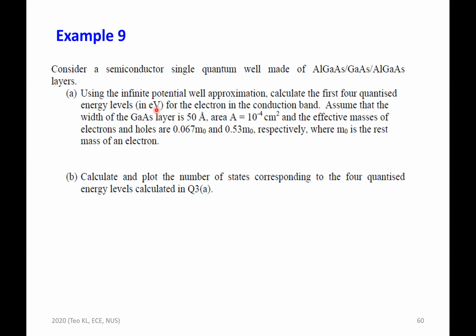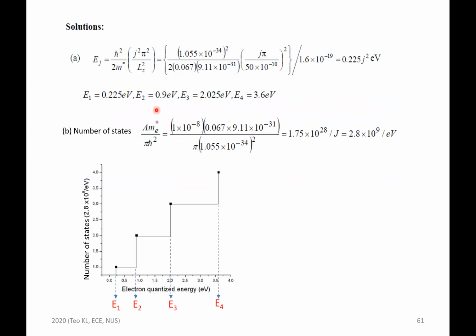Calculate part A. The infinite well approximation is this equation. The effective mass in the conduction band is 0.06 times the free electron mass. The well width is 50 angstrom, 50 times 10 to the power minus 10. J squared, where J will range from 1 to 4 in our case.